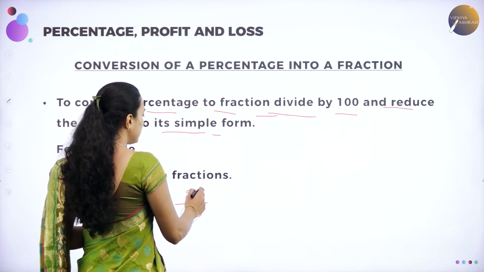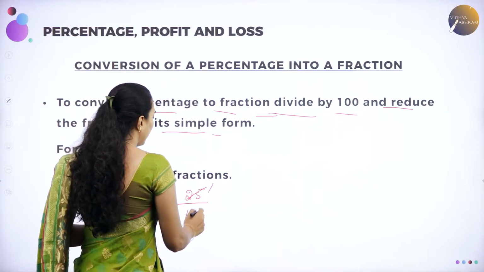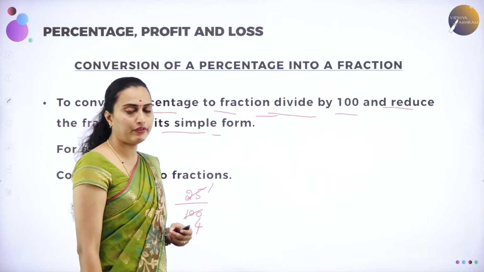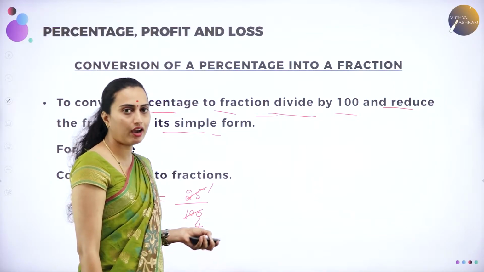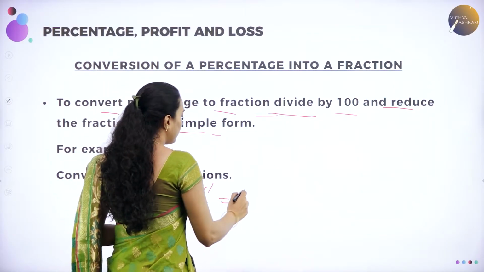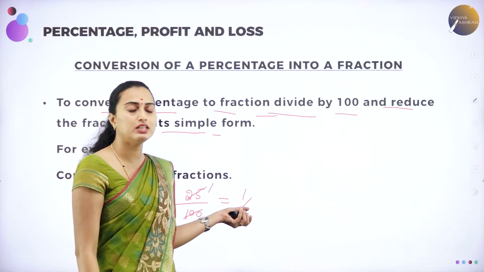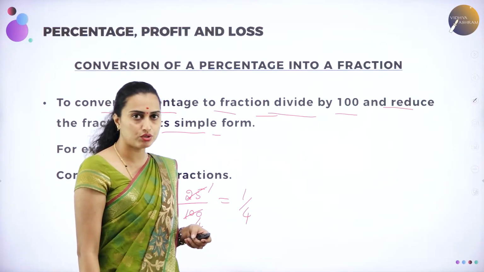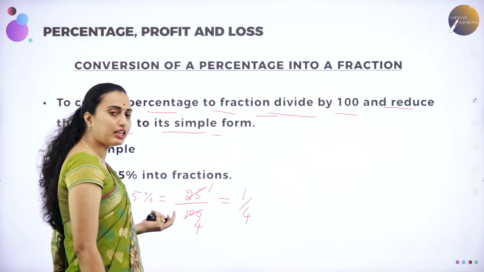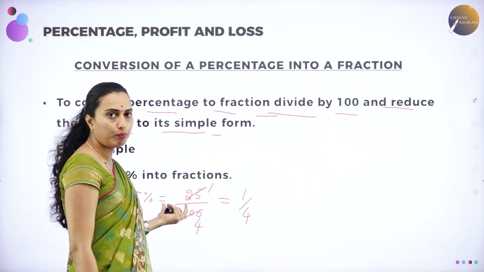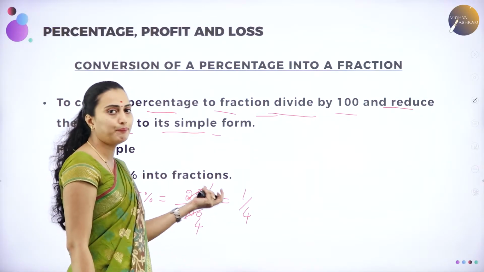So 25 ones are 25, 25 twos are 50, 25 threes are 75, 25 fours are 100. So it will be equal to 1 by 4. This is the fraction, which is nothing but the simplest form. Understood? So just divide the given percentage by 100. It will give you the form of P by Q reduced to the simplest form.